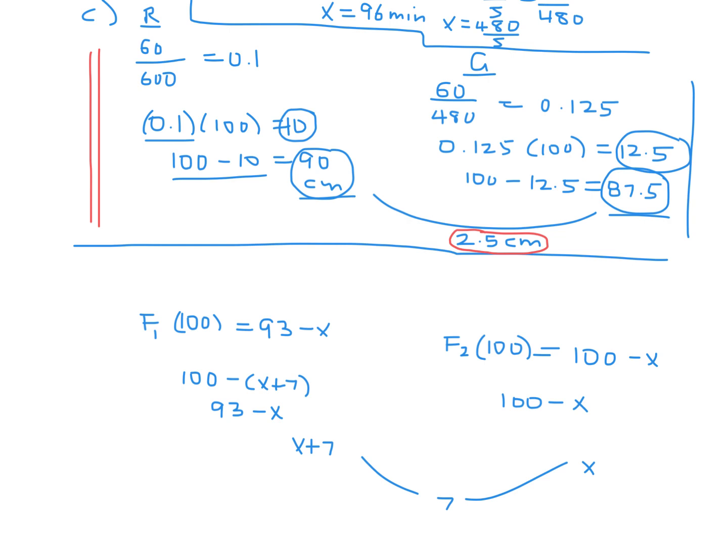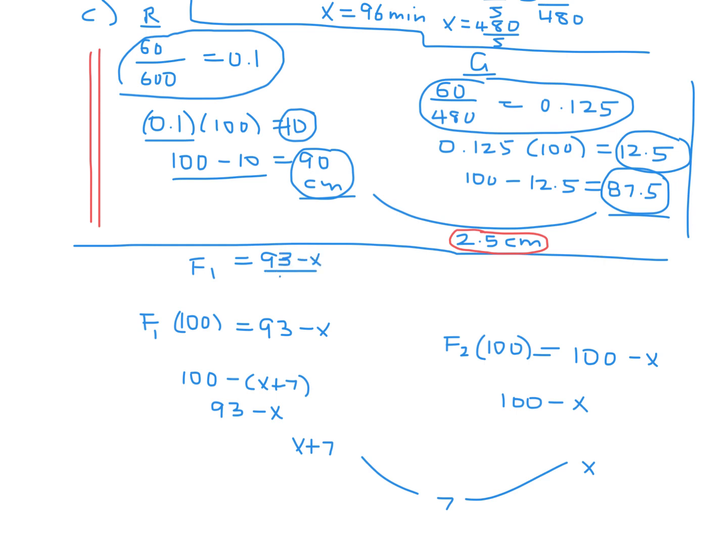And now we get into this part here. Okay. So the fraction f1 is equal to (93 minus x) over 100. And the fraction over here, f2, is equal to (100 minus x) over 100.